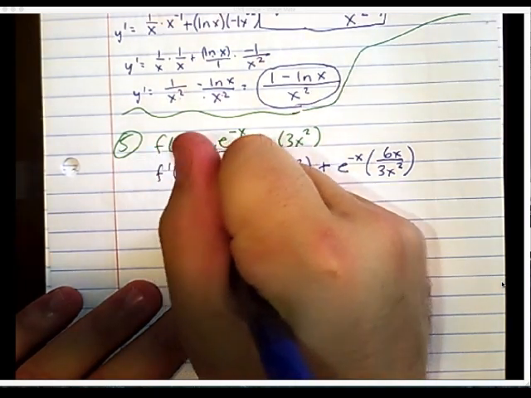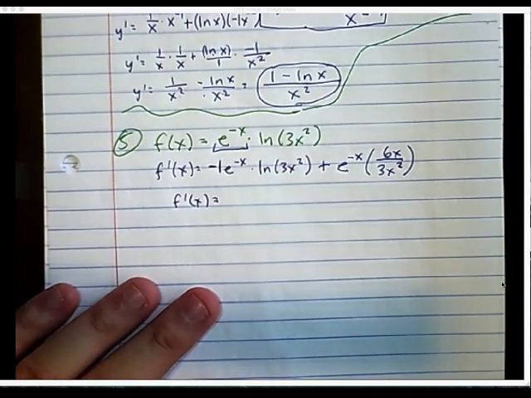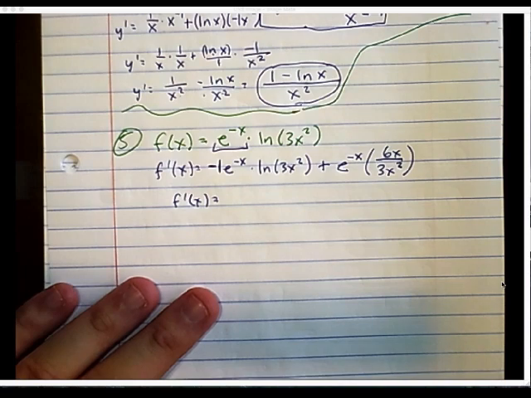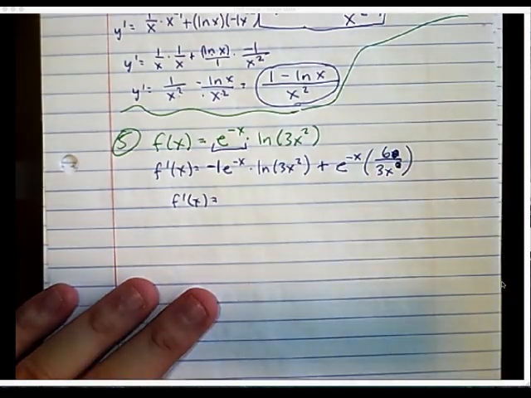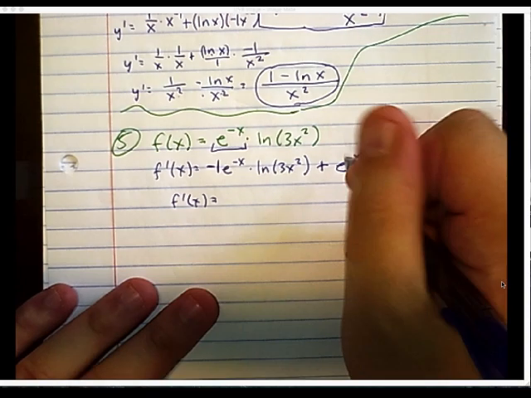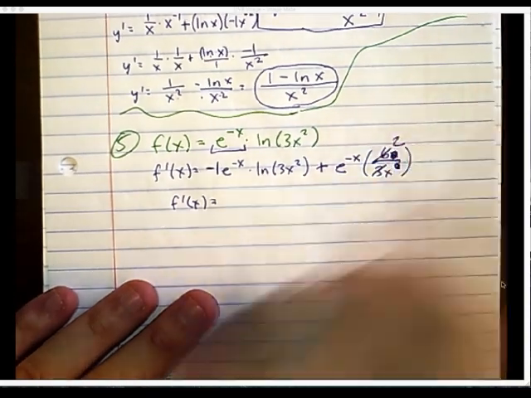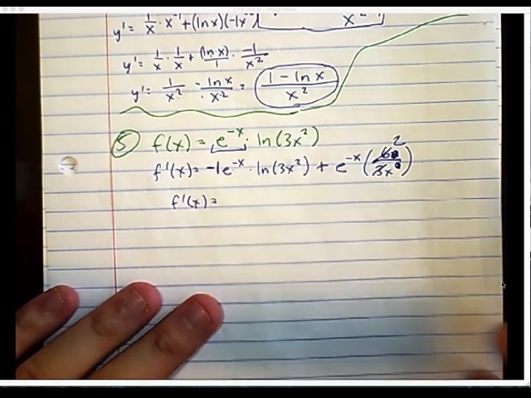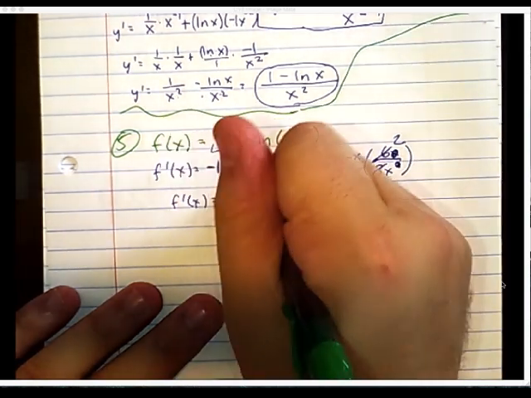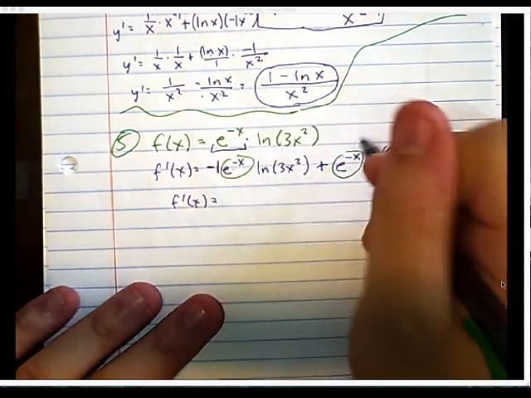So I might want to rewrite that to something a little bit nicer. First off, one of these x's cancels one of those x's. 6 divided by 3, I can simplify as 2. In both terms, I have a common factor of e to the negative x.